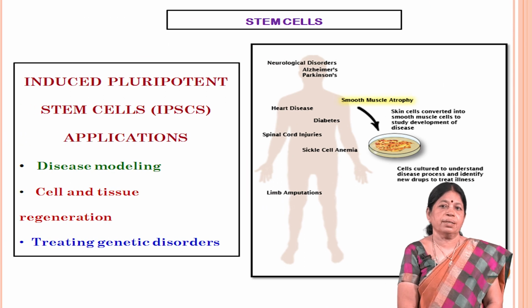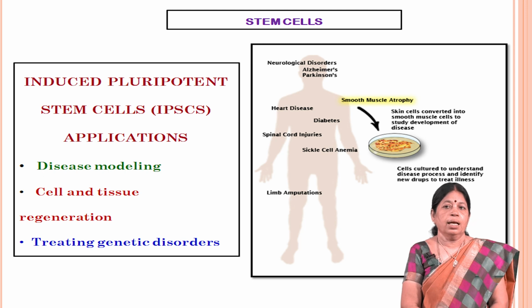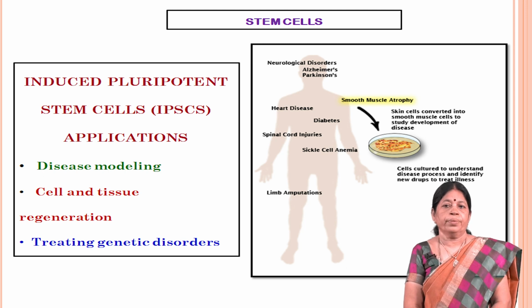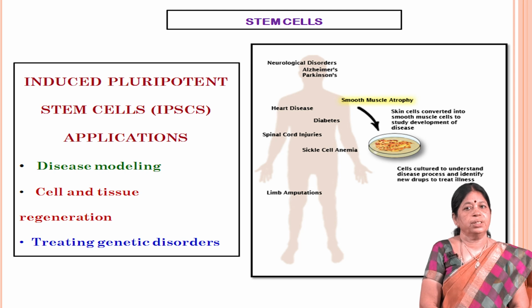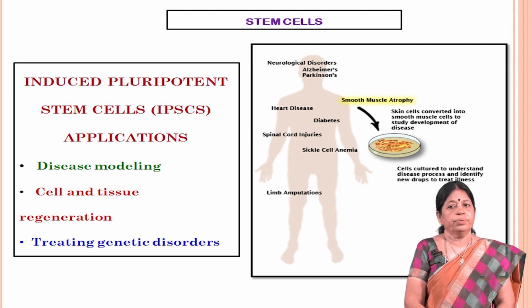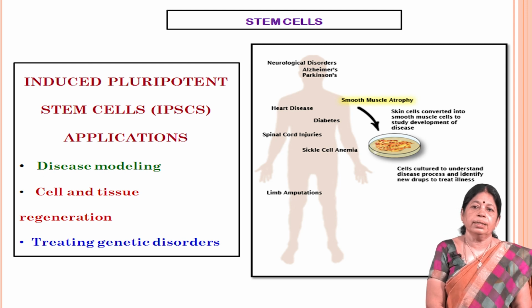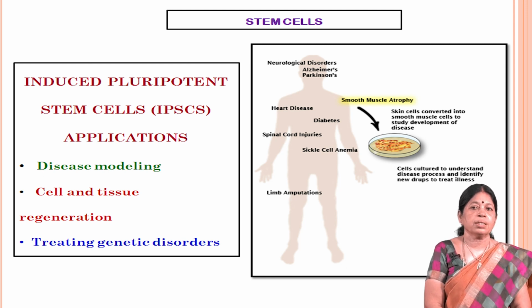Induced pluripotent stem cells. What are the applications of this iPS? iPS means disease modeling, cell and tissue regeneration, then treating genetic disorders. Genetic disorders cause various syndromes in a person, that is Klinefelter syndrome, Cri-du-chat syndrome, Down syndrome, likewise various syndromes occur because of genetic disorders.